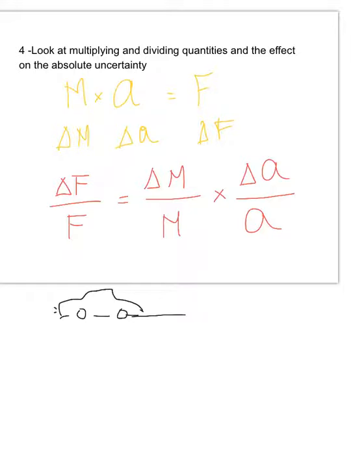Here we have a car, and it has a mass M. Let's make that mass 800 kilograms. Rather light, but anyway, doesn't matter. Mass 800 kilograms, and it has an acceleration of 5 meters per second squared.